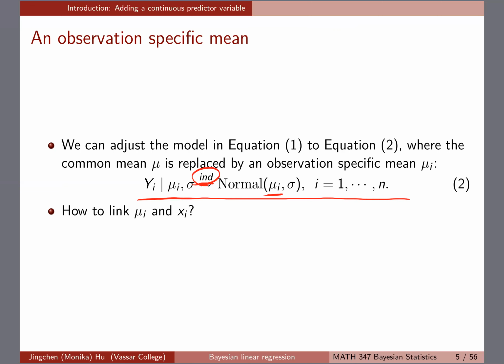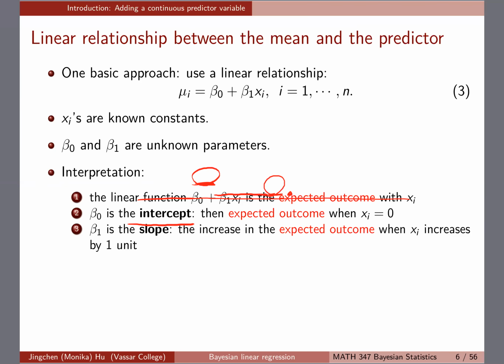So that's why you change the IID to independent. But the normal model still stays the same. We also assume the same standard deviation in the model, but you have an individual-specific mean. And the way to link the mean and the observation is through a linear function. The linear function is in this equation 3.